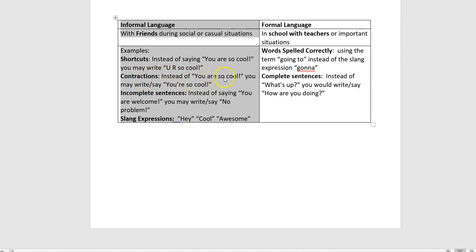So instead of saying you are so cool, you might write or say you're so cool. Also, incomplete sentences. Instead of saying you are welcome, in informal language you might say no problem. And the last I have here is slang expressions. The text said slang expressions include words like hey, cool, or awesome.